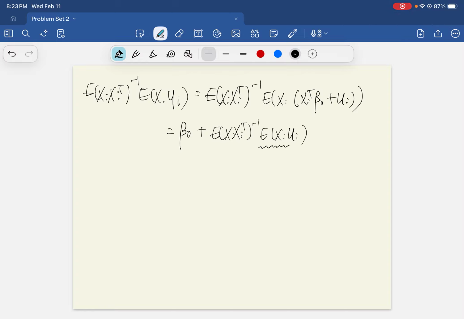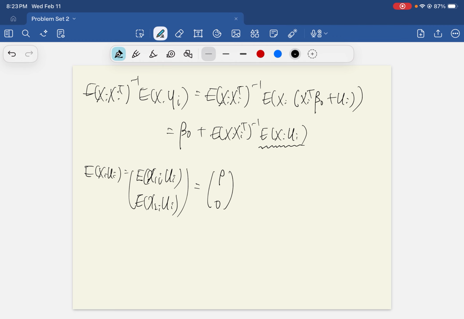So the expectation of x_i u_i is the vector with expectation of x1 u_i and expectation of x2 u_i. It is a 2 by 1 vector, and the first one is rho, but the second one is 0. That is a simplification. Now you can calculate. This is the bias, and we already have the expression for the bias.